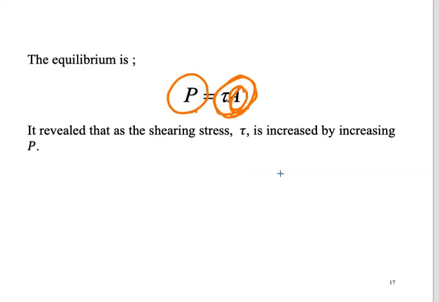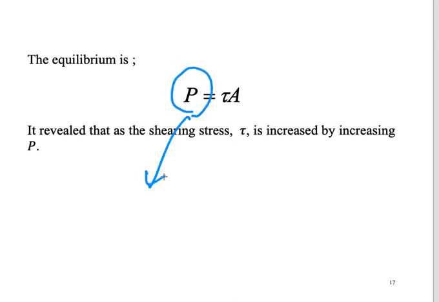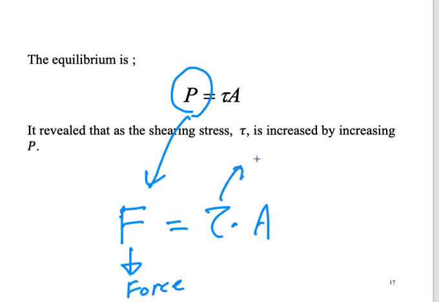So the first equation you need to understand in this chapter is P equals tau A. Because we don't want to confuse students about the symbol, we normally write force F equals tau times A, where F is the force, tau is the shear stress, and A is the area. It is revealed that the shear stress tau is increased by increasing force.